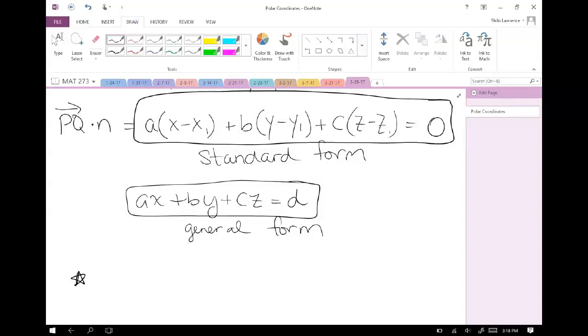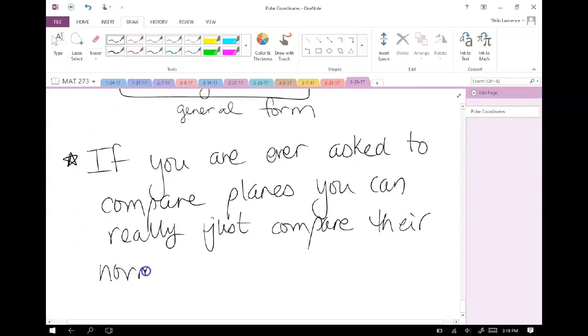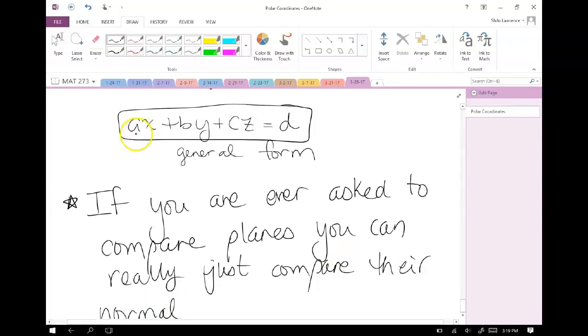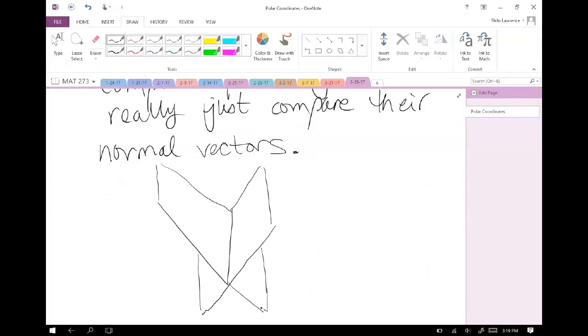And that's because of properties of geometry. Even if you're just given the general form for the planes, remember you can get the normal vectors from the coefficients. If I wanted to know the angle between those two planes, the normal vectors for those planes would have the exact same angle between them.